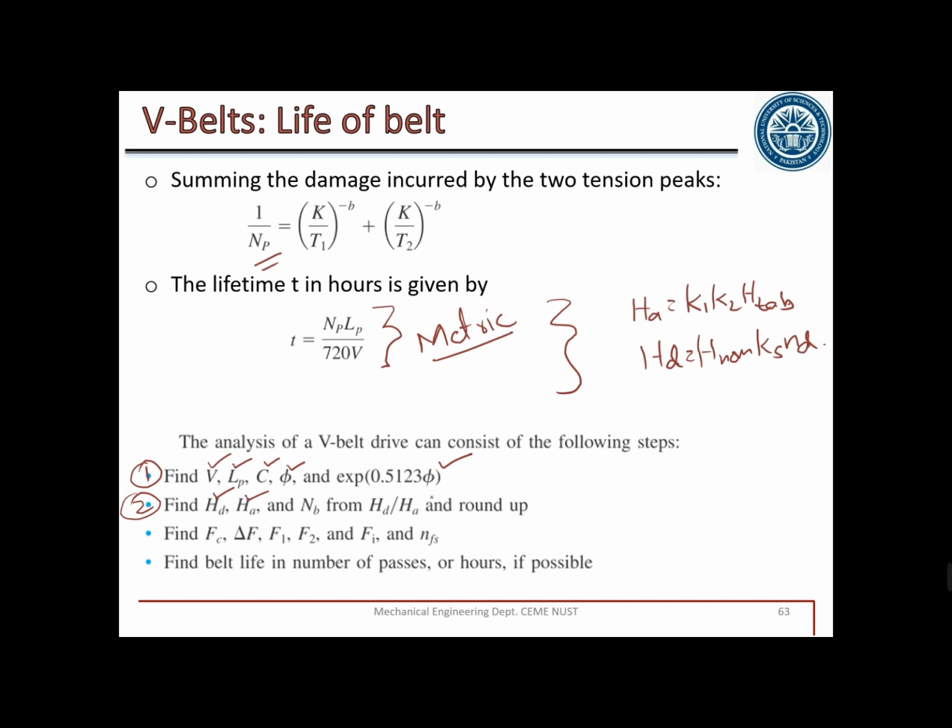If you have these two values, you can calculate the number of belts to be used. Then we have to calculate Fc and delta, all the tensions we have to calculate, and the last step is to calculate the number of passes and life in terms of hours. So these are the 4 steps used in solving problems related to a V-belt.